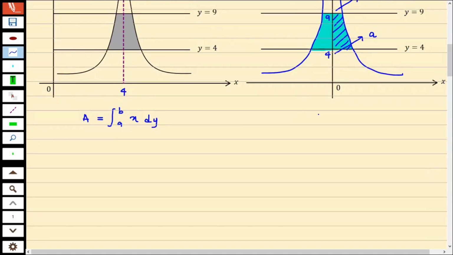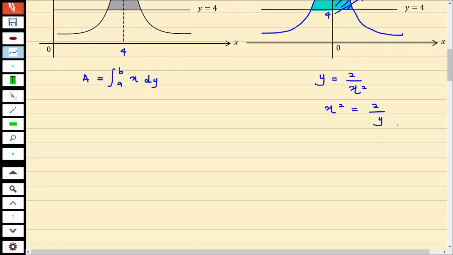Look here. So your x squared is going to be 2 over y, right? So the square, you bring that side, is going to be square root.